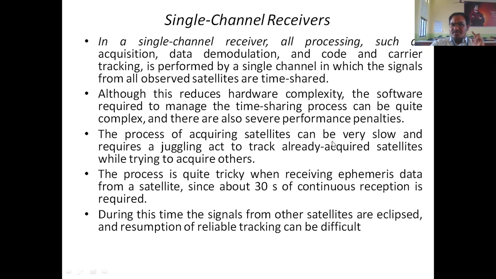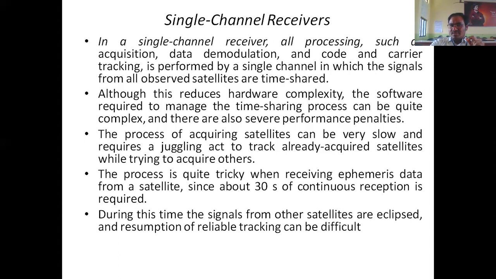Next, the process of acquiring the satellites can be very slow, because time is dependent and requires a juggling act to track the already acquired satellites when trying to acquire the others. So it may be a mismatch, because already we have tracked one signal, then we have kept it aside and are sharing the time for tracking of the other signal. So there may be a juggling act.